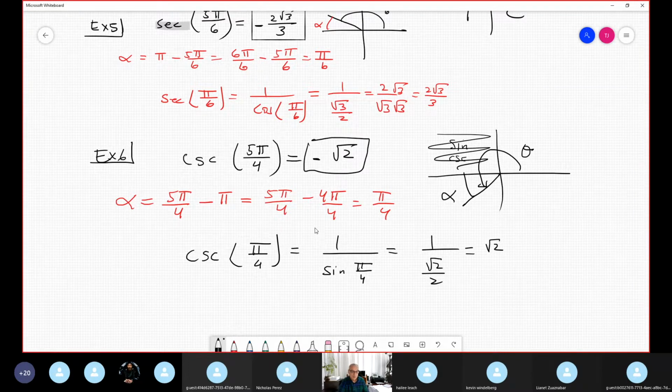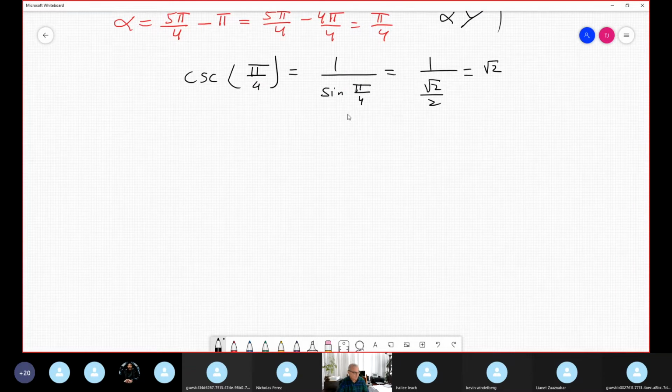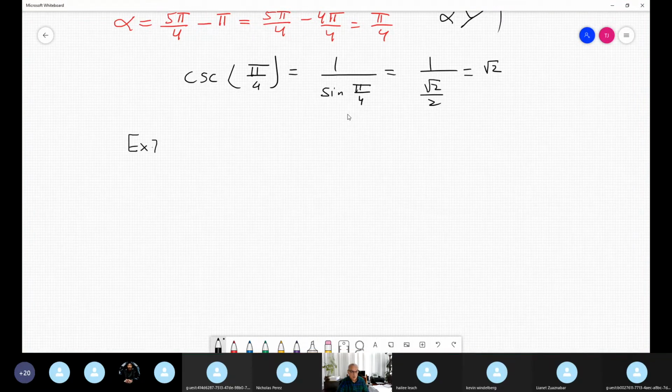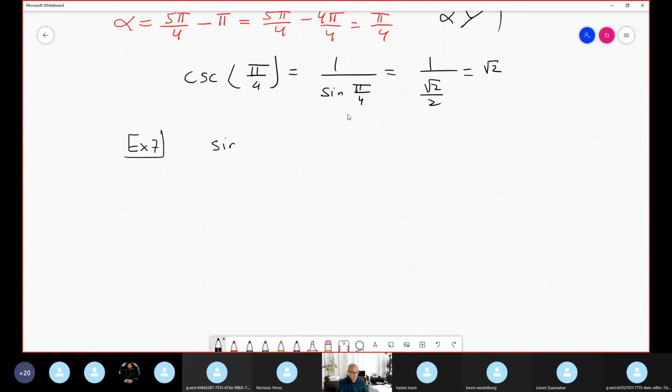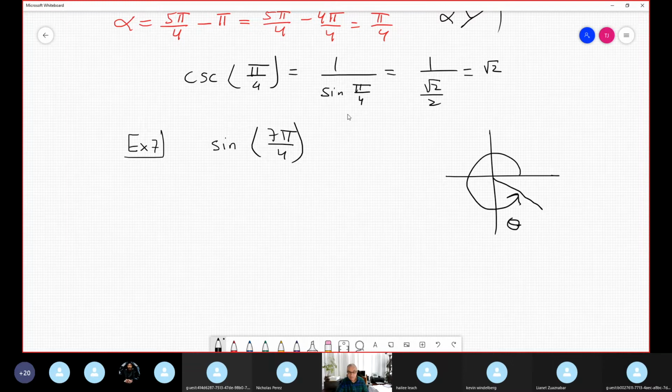Okay, one more of this. Okay, sine. Example 7. Sine 7 pi over 4. And in what quadrant does 7 pi over 4 lie? Fourth. Fourth quadrant. This is theta. This is alpha. Alpha is equal to 2 pi, and in degrees it is 360.